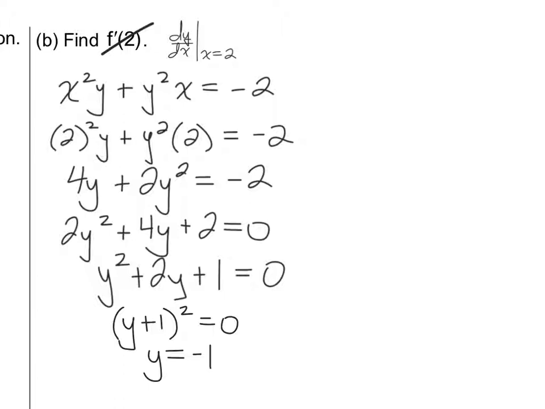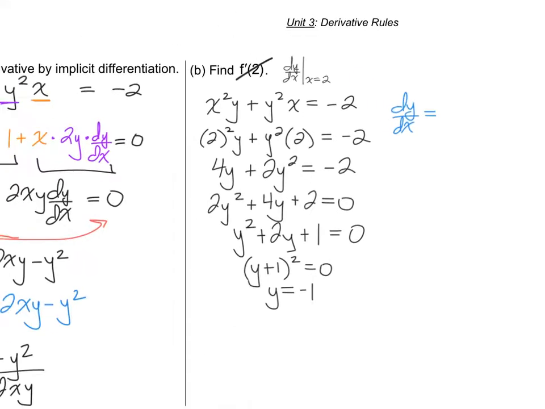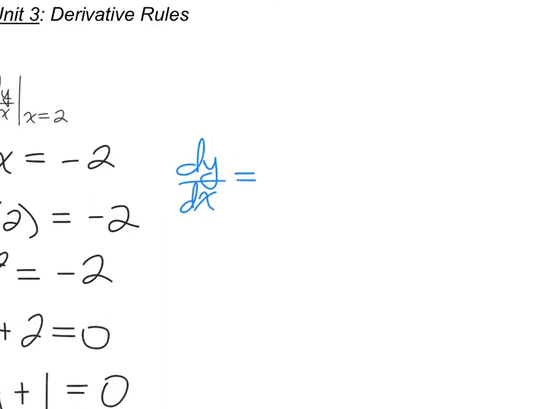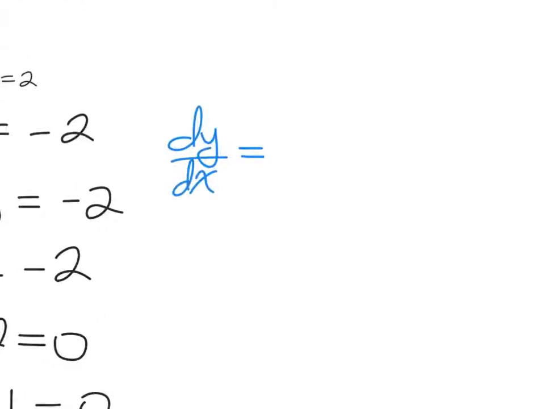So dy/dx, which again was a pretty funky looking thing. It had x's and y's. Everywhere I have an x, I replace it with a 2. Everywhere I have a y, I replace it with a -1. So I need -2xy minus y squared.